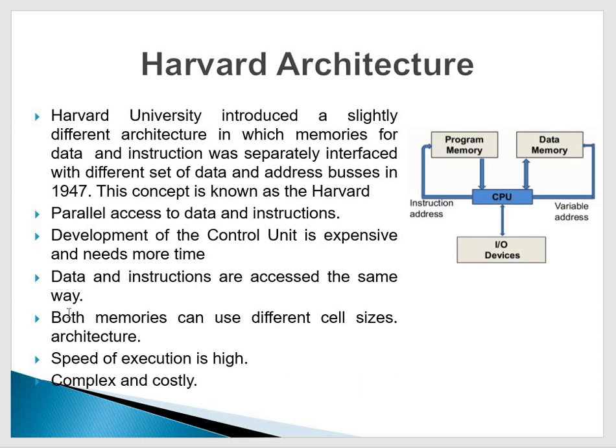Naturally, if the architecture has two different sets of address and data buses which require extra circuitry for the control units, the interfacing diagram will become complex and its cost will be high. So this is the comparison of the Harvard architecture and the von Neumann architecture.